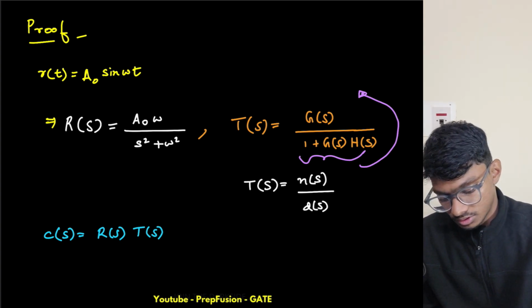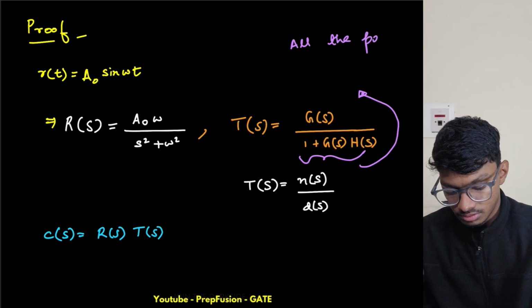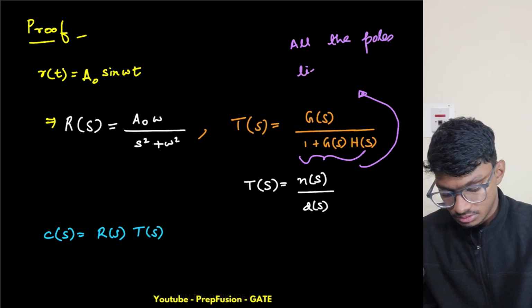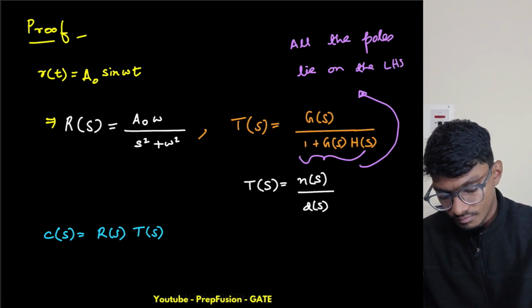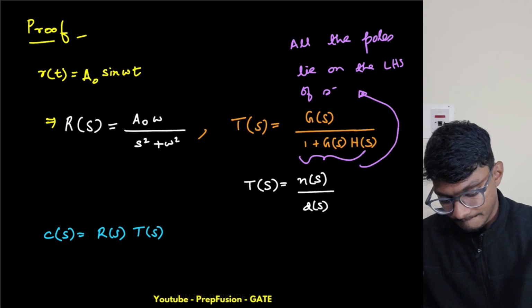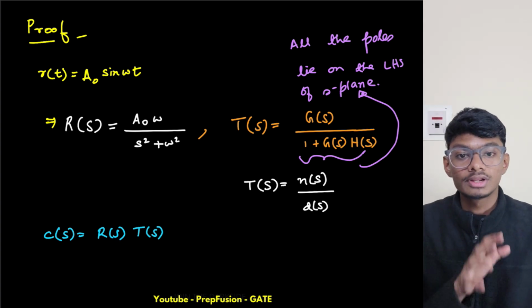So all the poles lie on the left hand side of the s plane, right? All the poles lie on the left hand side of s.